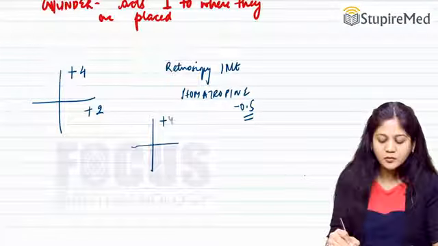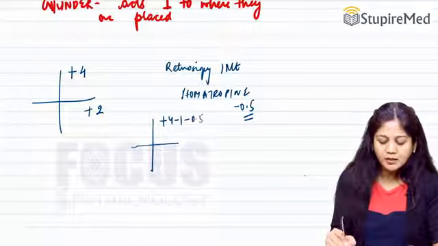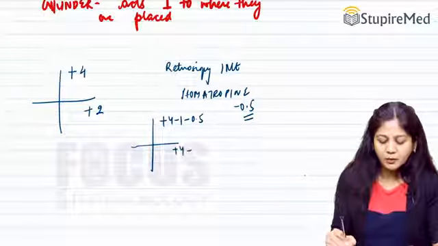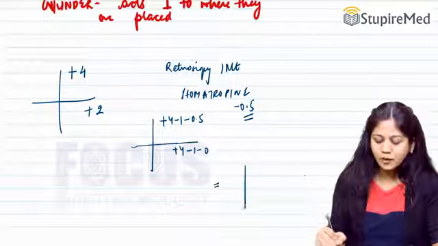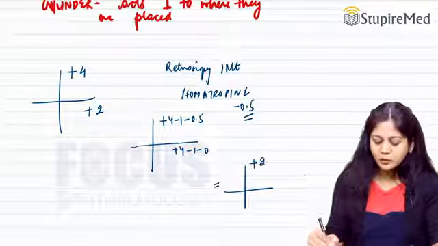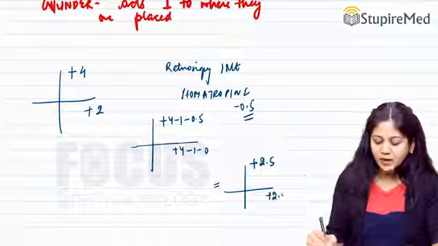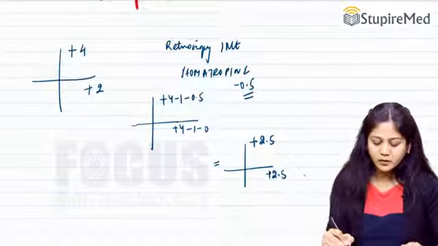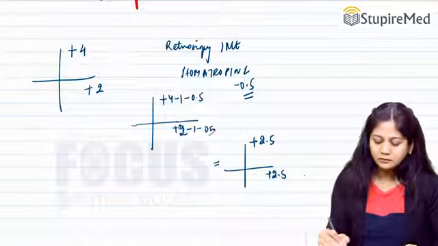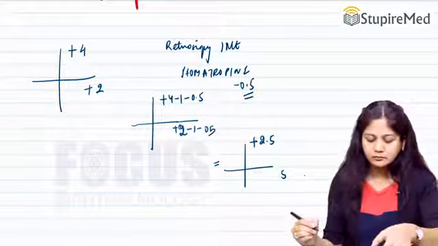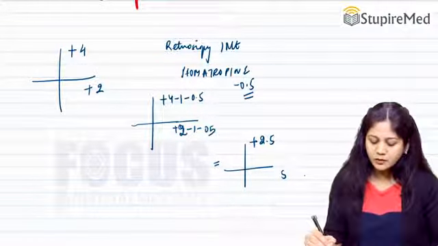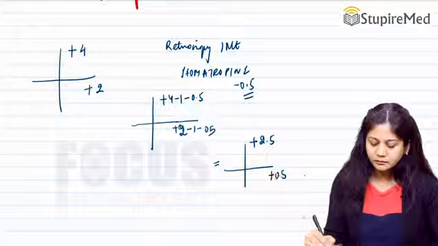So, here it would be +4 minus 1 and minus 0.5. This would give rise to a power of +2.5. Here again, this would be 0.5.